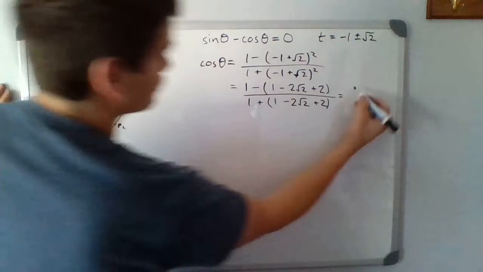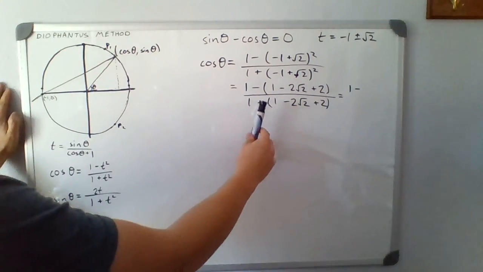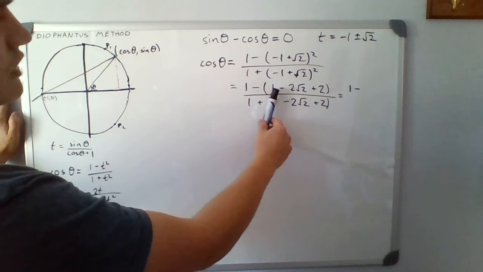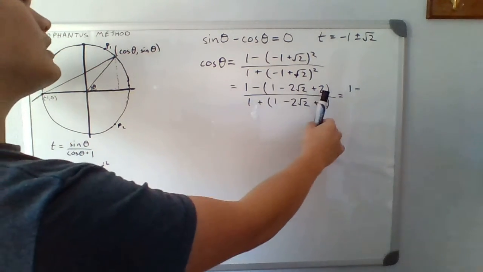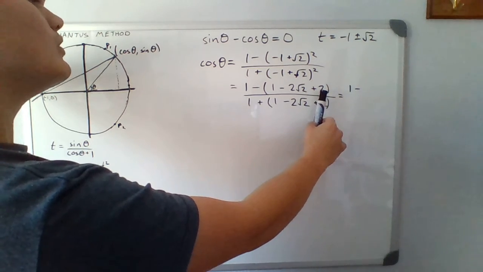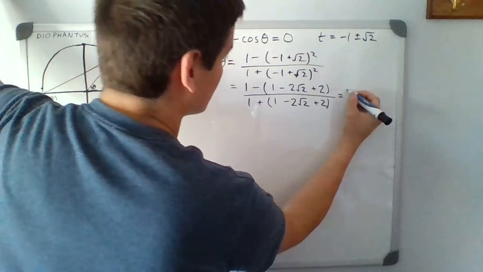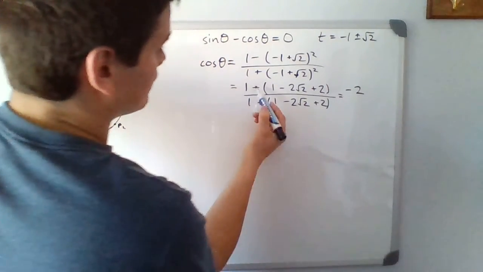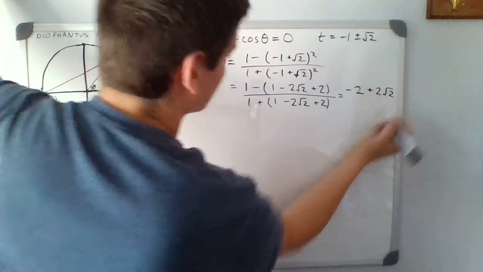Alright, so that's just 1 minus, and the negative gets distributed in, so that's negative 1 minus 2, so actually we have negative 2, and then plus 2 times the square root of 2.